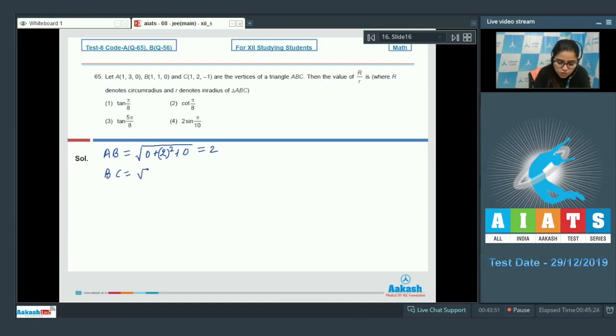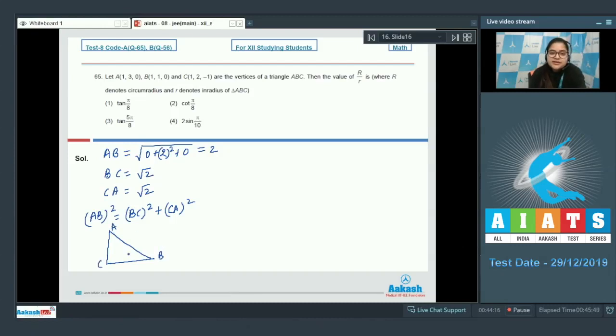Now BC is equal to root 2, and CA is also equal to root 2. So you can observe AB square is equal to BC square plus CA square. So by the Pythagoras theorem, ABC is a right angle triangle where AB is the hypotenuse and at C there is a 90 degree angle.